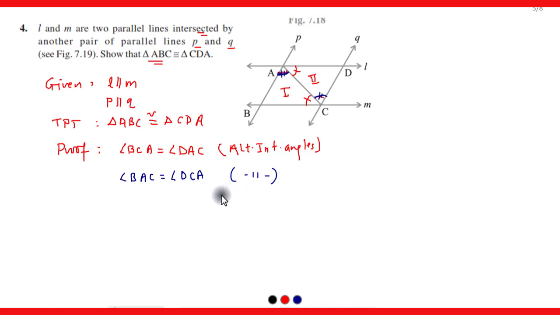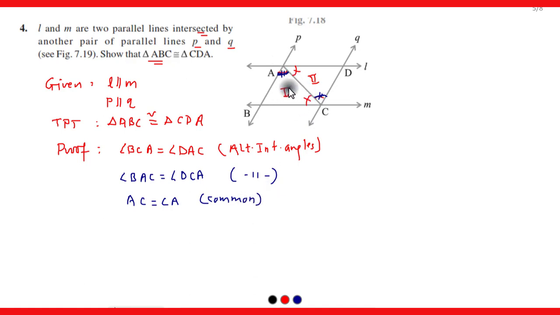And now here we know that this AC, and CA, this line segment is common to both the triangles 1 and 2. Therefore AC is equal to CA. Reason is common. It means it is the same for both the triangles.